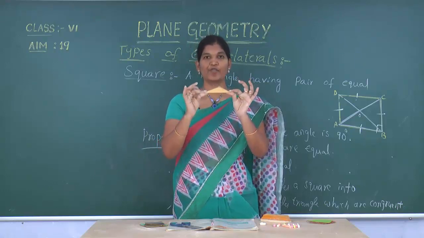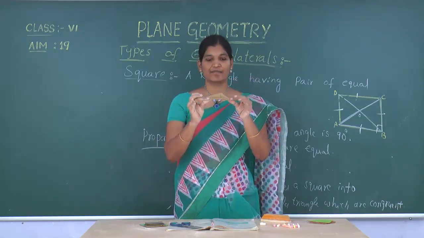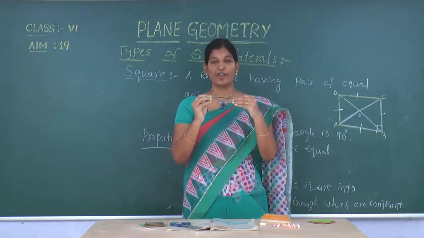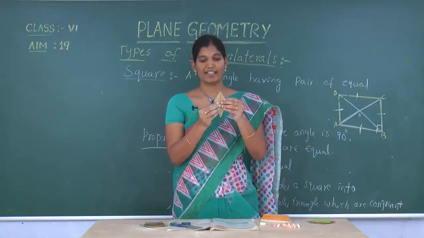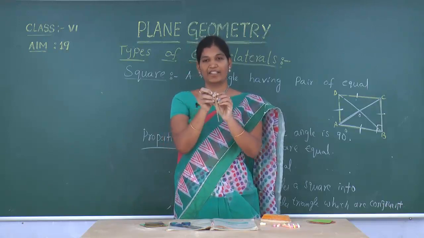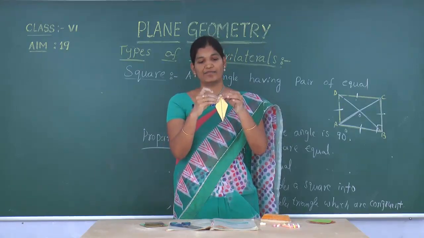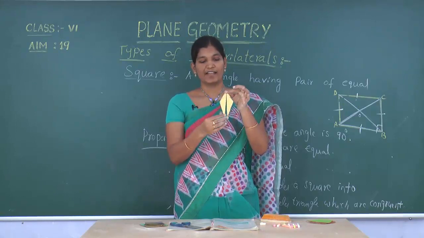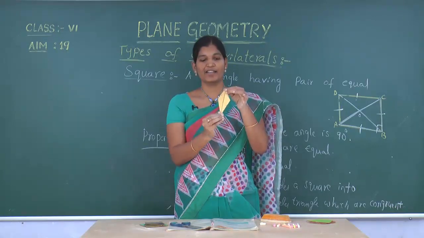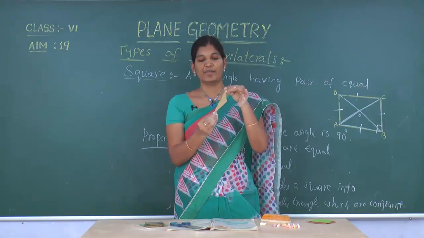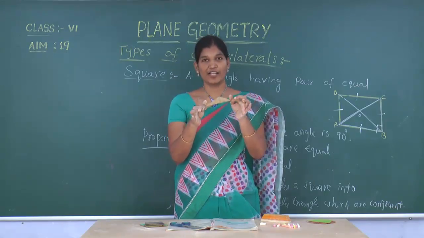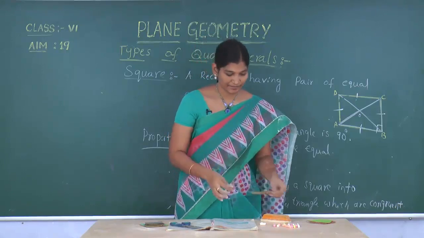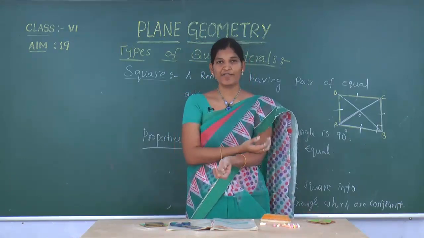See, they coincide with each other. So along the long diagonal I cut it. See, this is the kite. So if I cut along this diagonal, they are, sorry, they are congruent to each other. These are the properties of a kite.